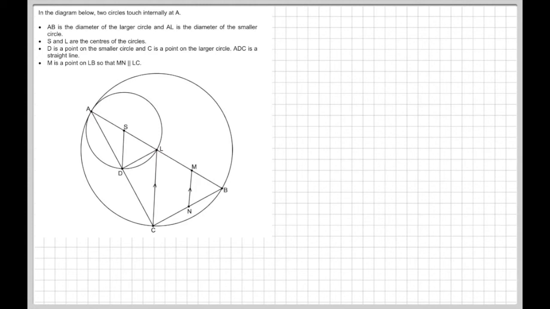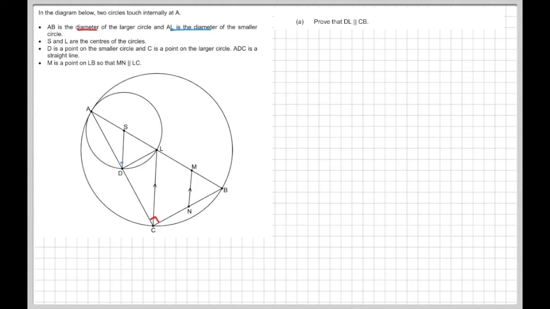Now, if I do the sum, I'm going to start by the information. So let me start. First of all, AB is a diameter of the larger circle. So in other words, because AB is the diameter, angle C is 90 degrees because of angles in a semicircle.